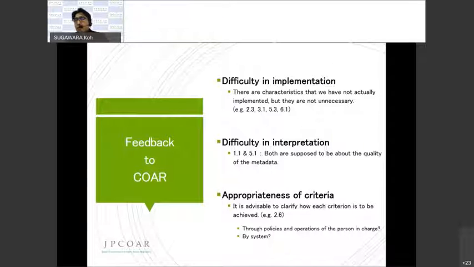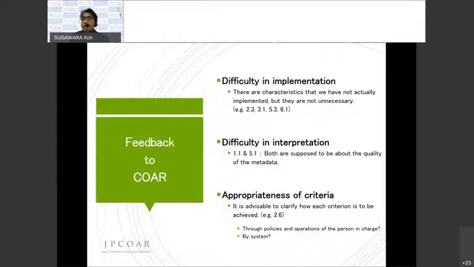The next feedback is whether there are criteria that are difficult to interpret. I dare to point out that 1.1 and 5.1 both seem to be about the quality of metadata. So actually, it was a little difficult for us to make a difference in the checklist between the two.